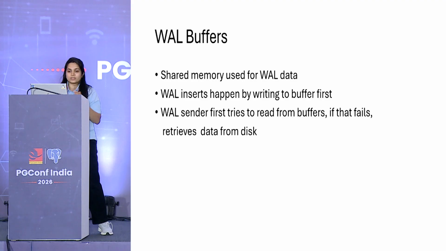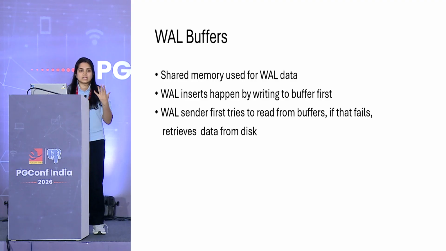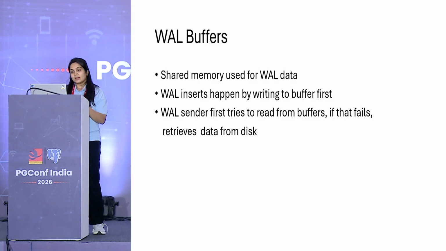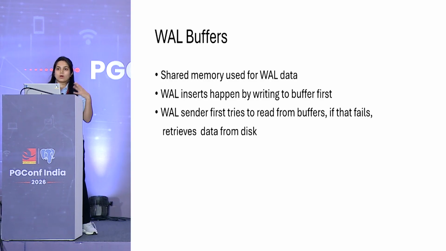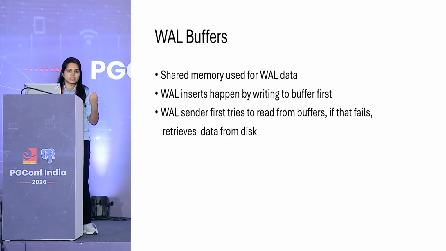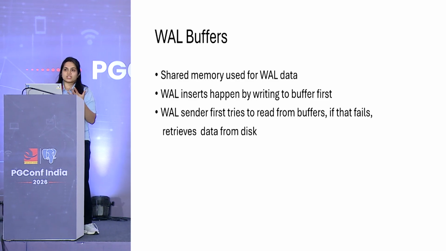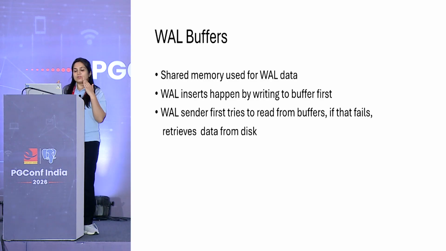There is another component to this, which is WAL buffers. These work on the primary. When all the backends write to your database, all those changes are recorded in the form of WAL, and those are first inserted into WAL buffers.